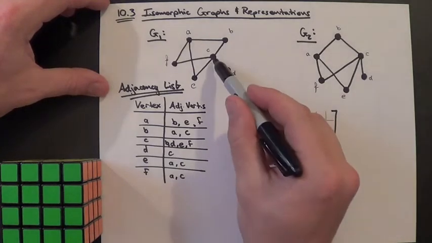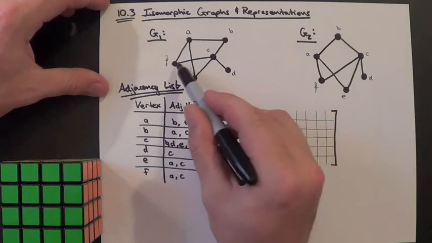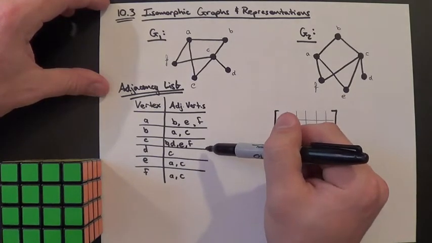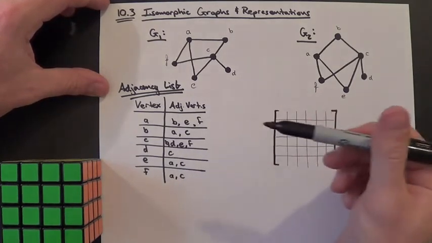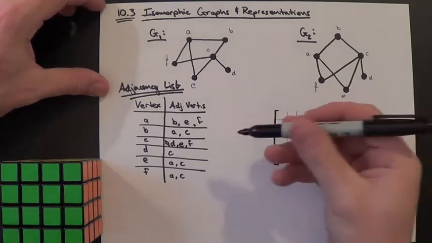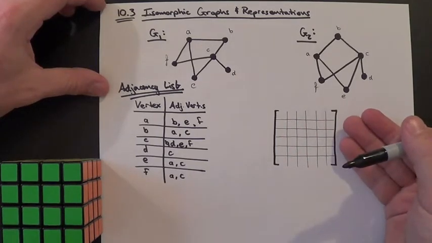So if we're sitting at vertex C, which other vertices can we go to? We can go to F, E, D, and B. Those are listed as the adjacent vertices. So that's an adjacency list, not too complicated. We can always represent it as a matrix.